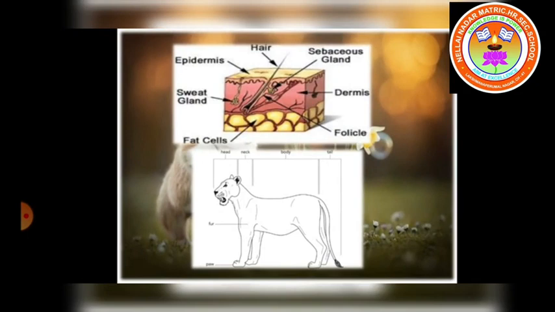The skin bears the sweat and sebaceous glands, which are called the oil glands. The body is divisible into head, neck, trunk and the tail part.